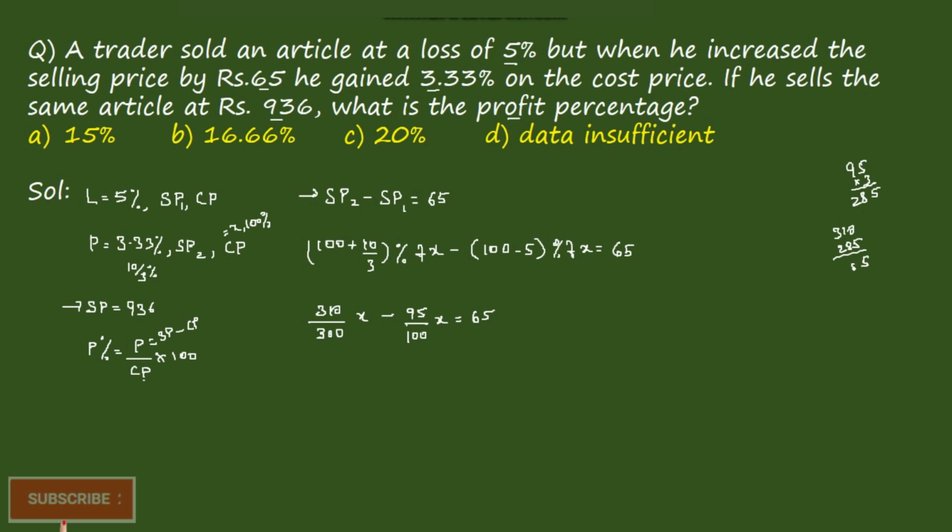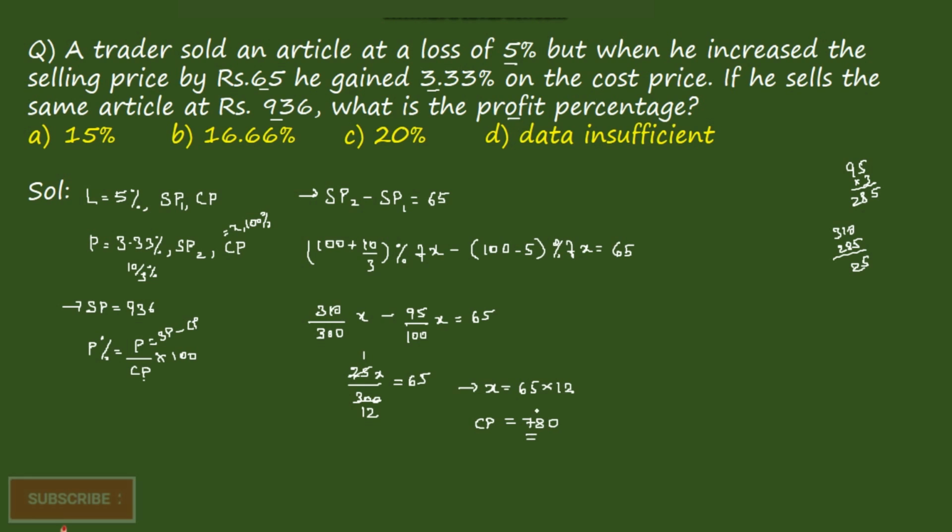So it becomes 25 X by 300 is equal to 65, right? 25 ones are 25, it goes by 12. Therefore, the X value is equal to 65 into 12, which becomes 780, which is nothing but the cost price.